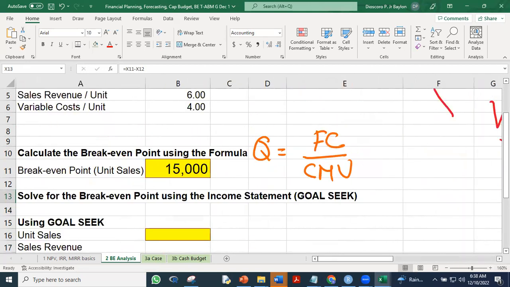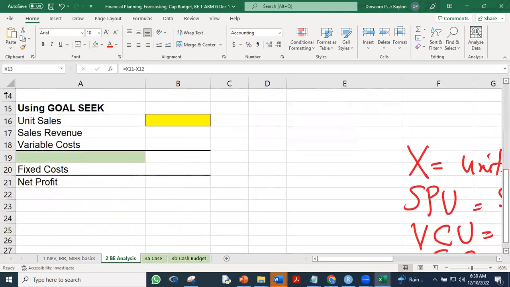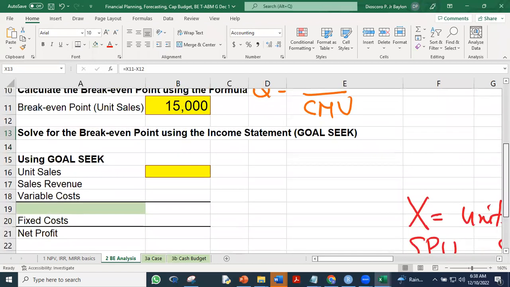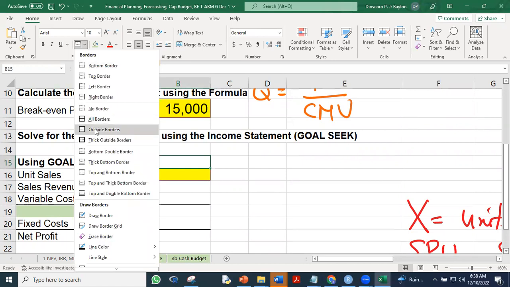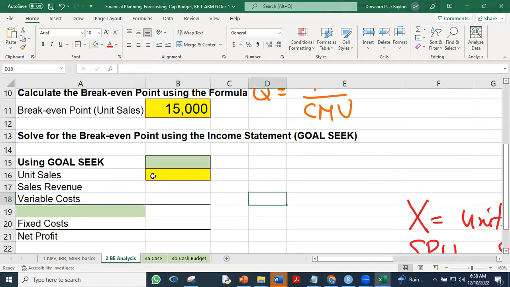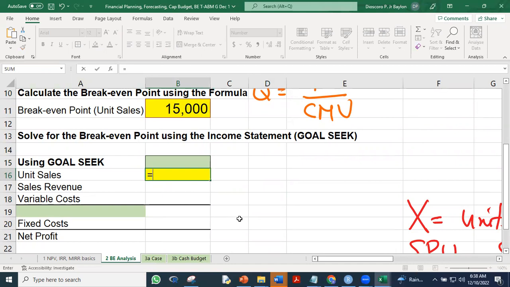Of course we can use GoalSeek for that, but we have to first format our sheet. Let's put here the level of output. So our unit sales will be equal to this, multiplied by our SPU.